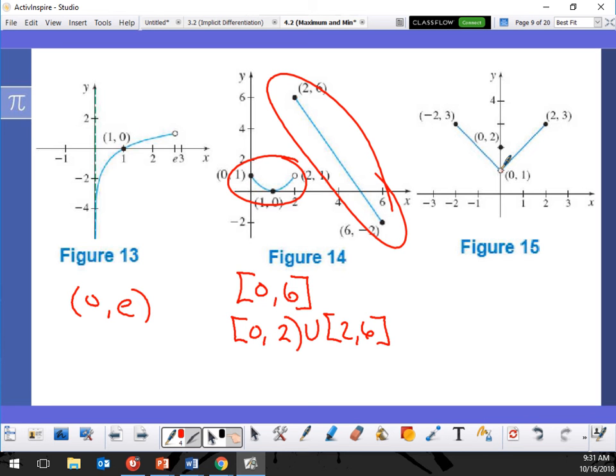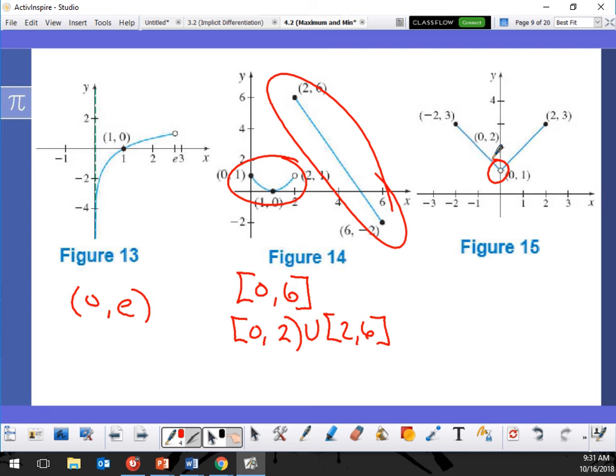No, why? That hole. You can't have a minimum or a maximum at a hole, right? It doesn't exist there, so it's not going to be a local minimum.